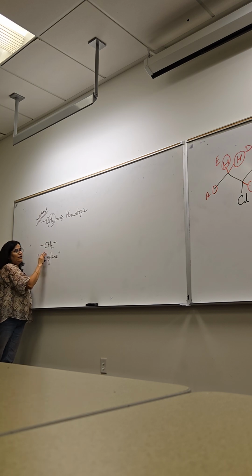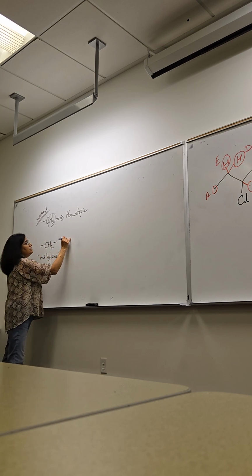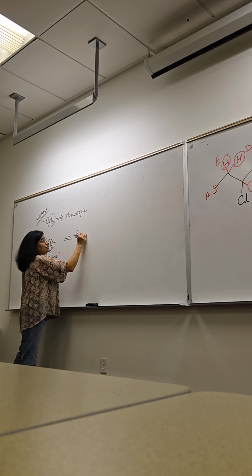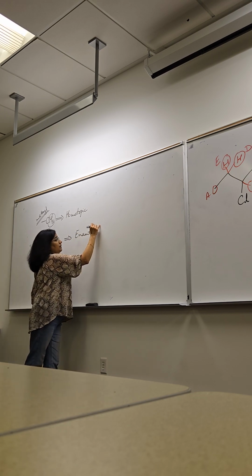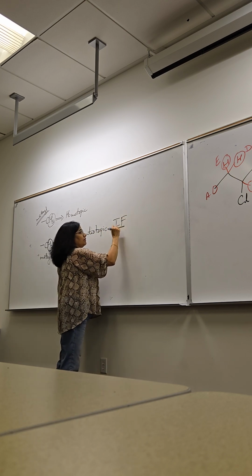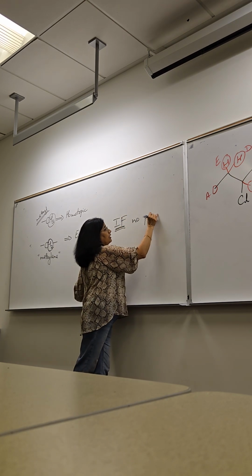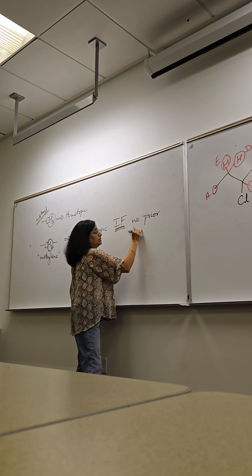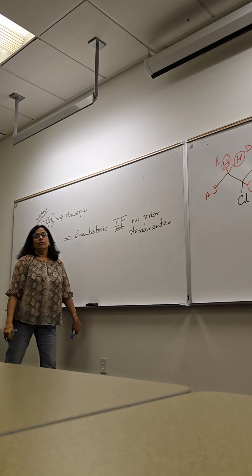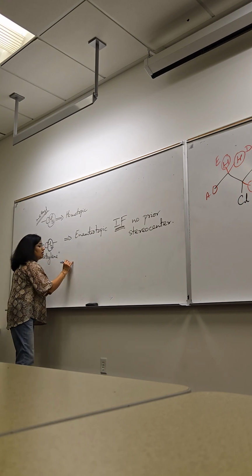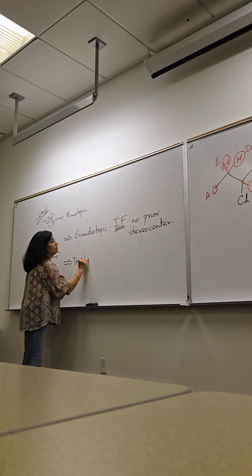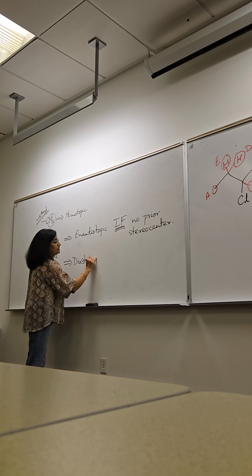Here you have to be careful because these two hydrogens will be enantiotopic with each other if there's no prior stereocenter in the molecule. But if there is a prior stereocenter in the molecule, then these will be diastereotopic.